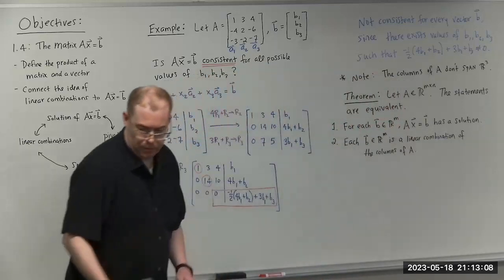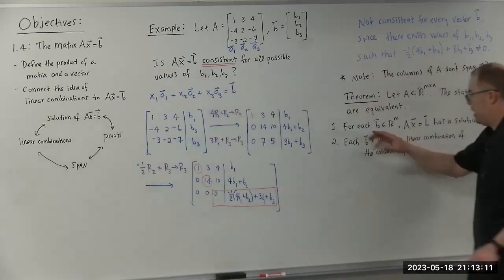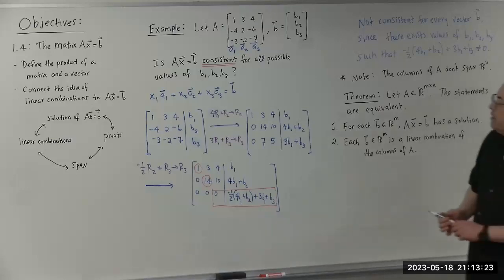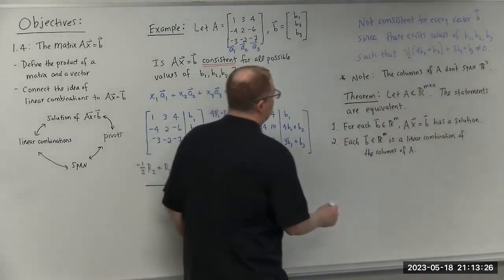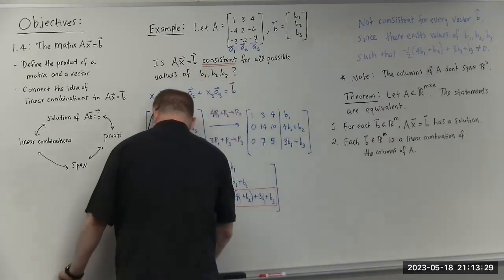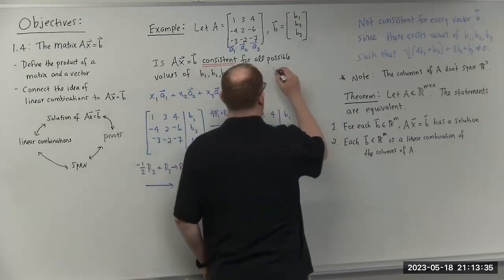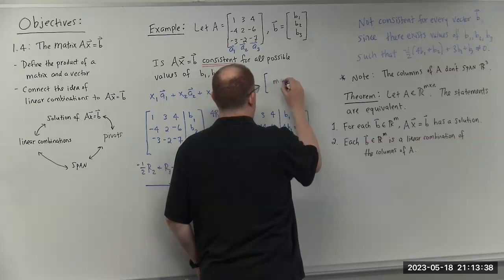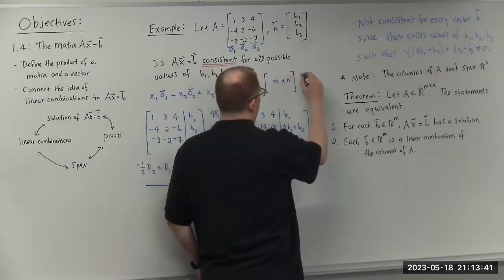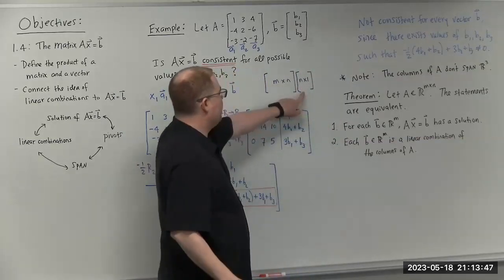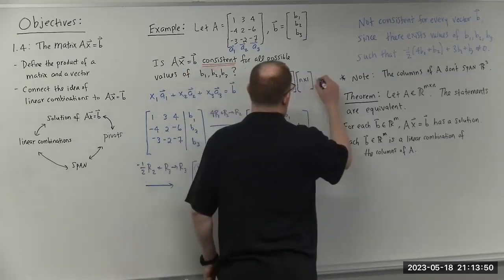So if the first statement is true, then automatically we can say that the vector B, which lives in R sub M, is a linear combination. Going back, there's our matrix A, and there is your vector that holds the weights represented by X, which is M by 1.